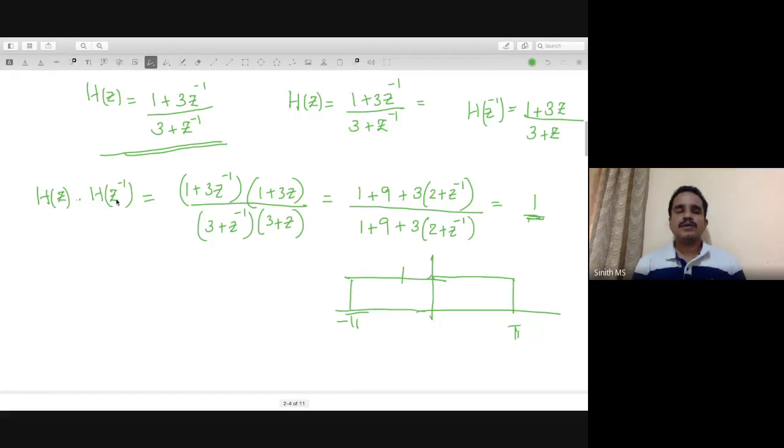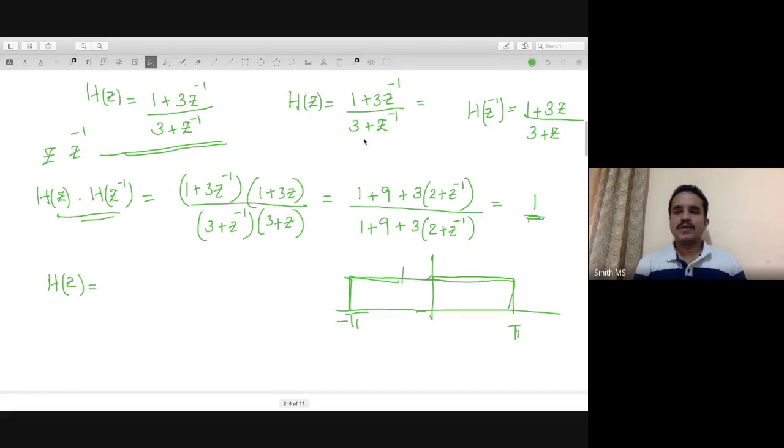Now you would have noticed that z is replaced by z inverse. Suppose you take some general terms, say H(z) equal to, or before that, H(z) into H(z inverse) is 1 and hence this is an all pass filter.